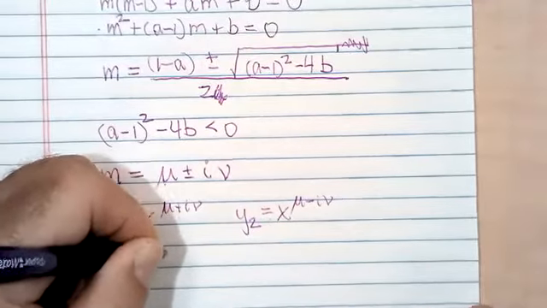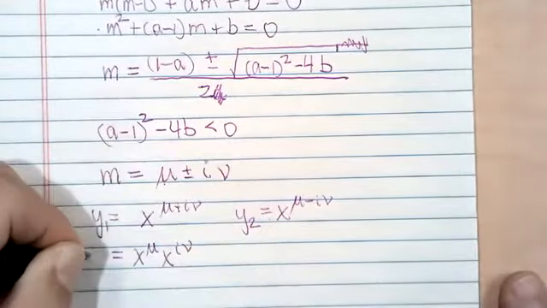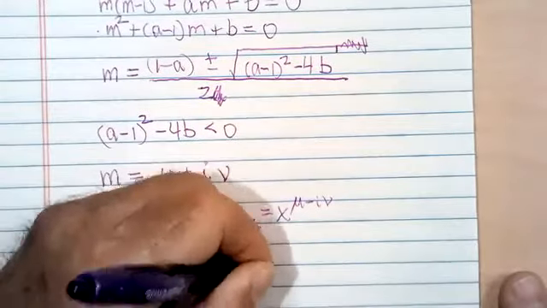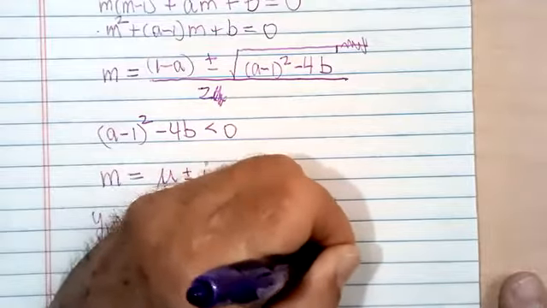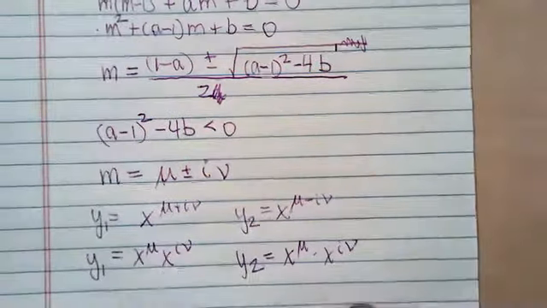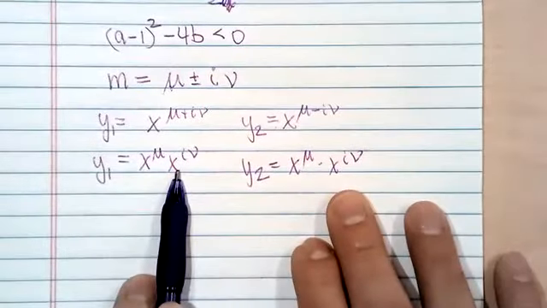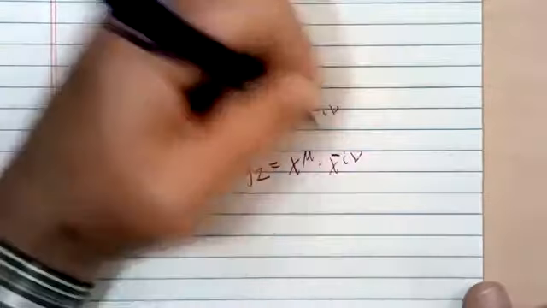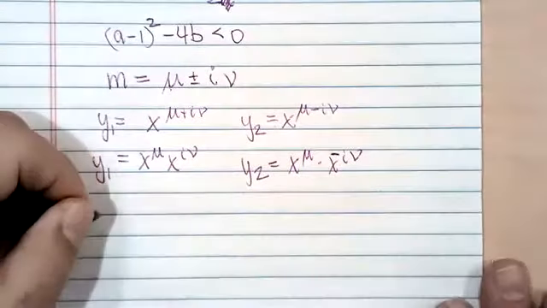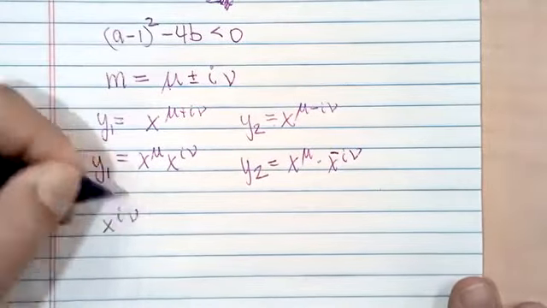It's x to the mu times x to the i nu, and that's y1, and y2 is x to the mu times x to the minus i nu. Now what we need is to somehow write this in a form where we can get a hold of it. And we can do it. Whoops, I needed a negative right there. So let's work on this one right here, x to the i nu.